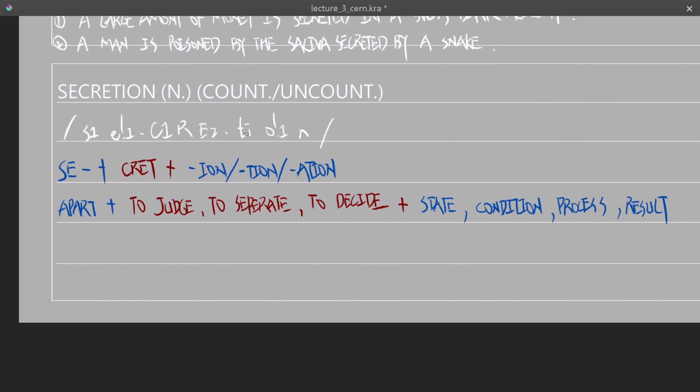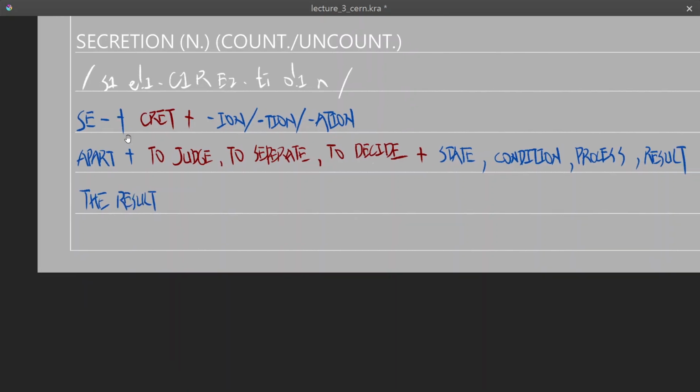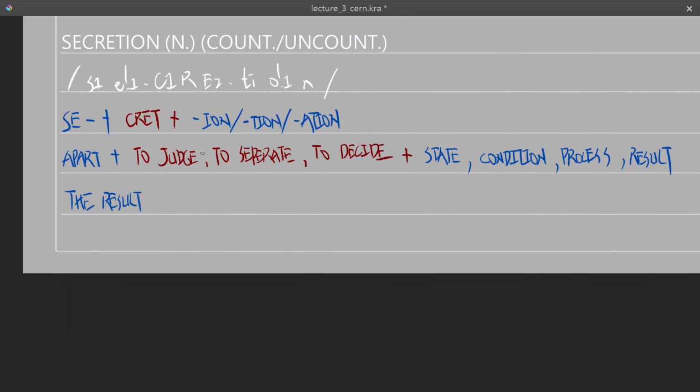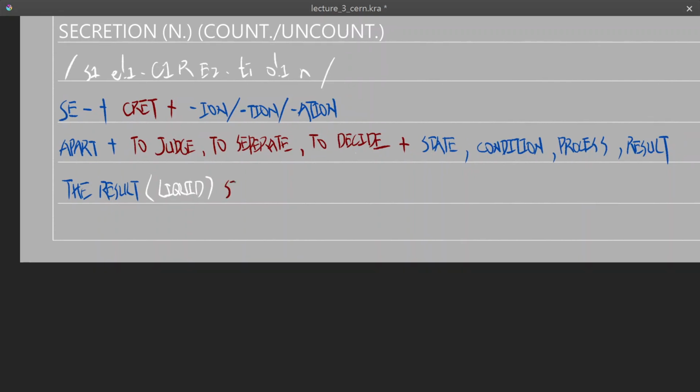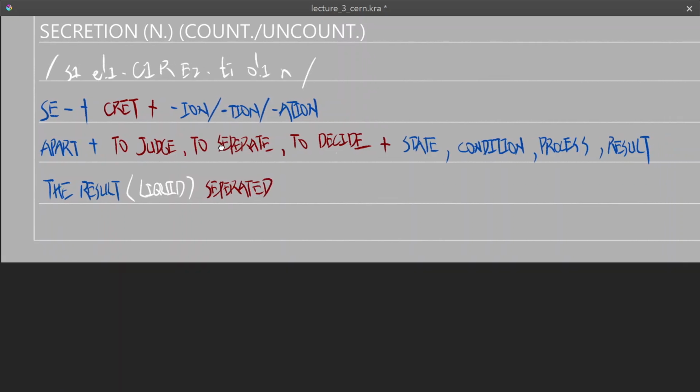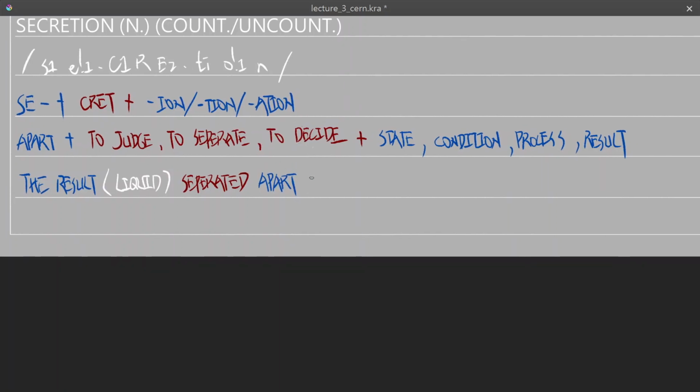So secretion literally means the result, liquid separated from a person or animal.